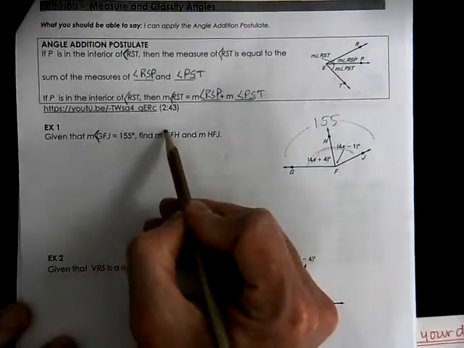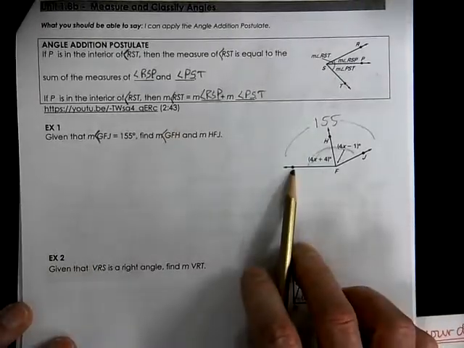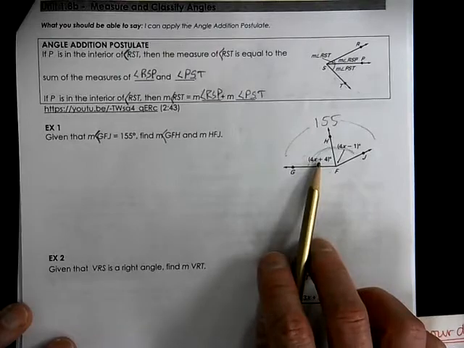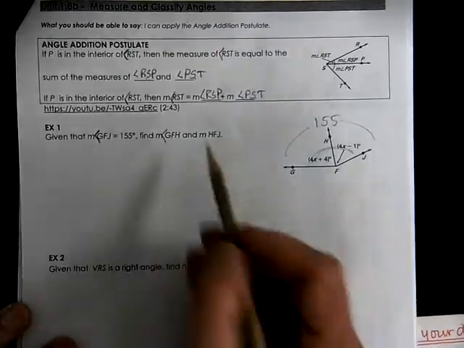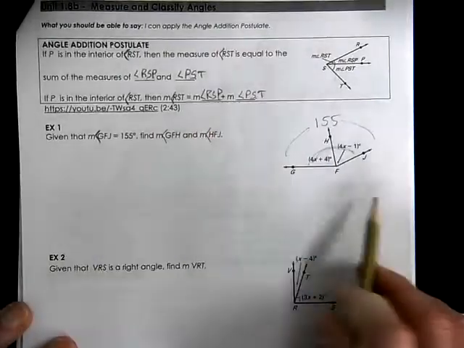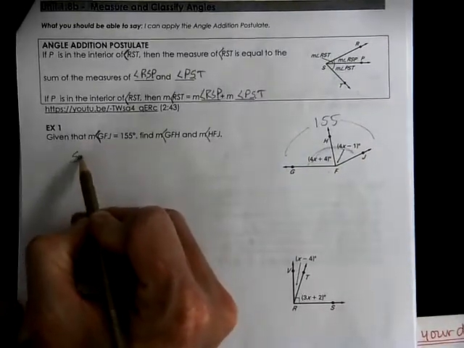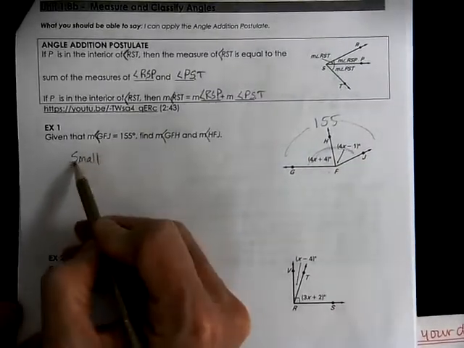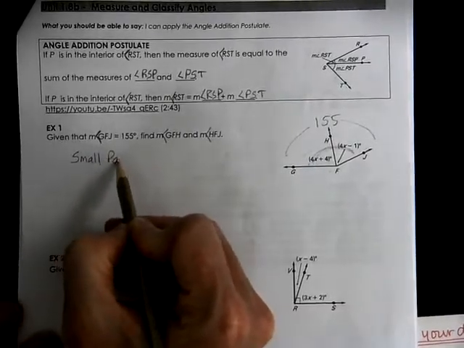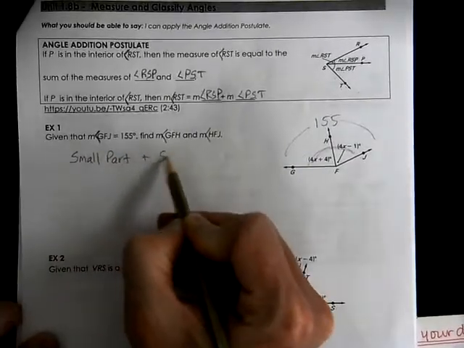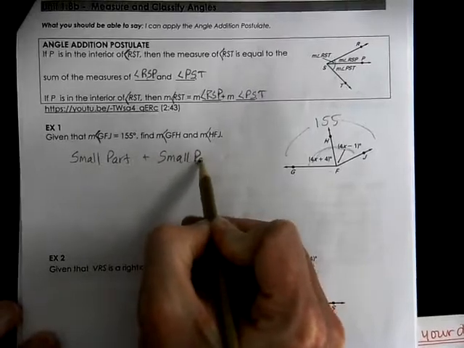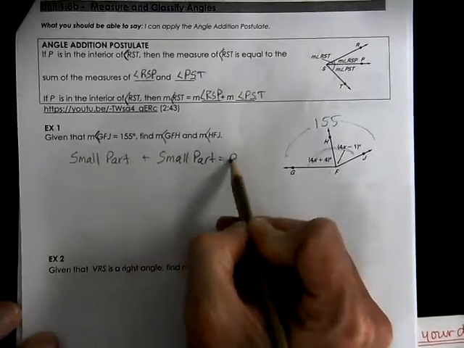We're going to try to find the small angle GFH, which starts out as 4x plus 4, and the other small angle, HFJ. So you need to at least mentally see that you have a small part plus a small part, and that's going to equal a big part.